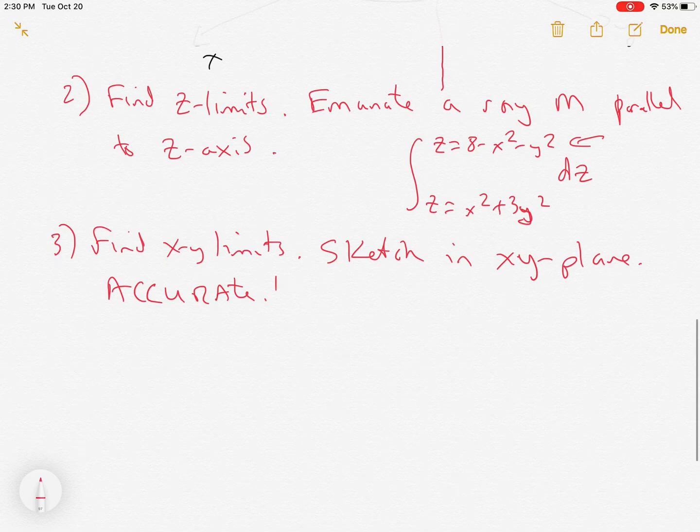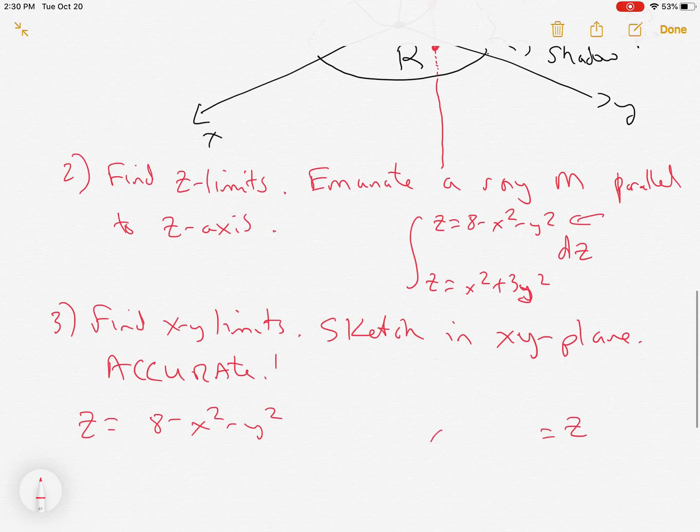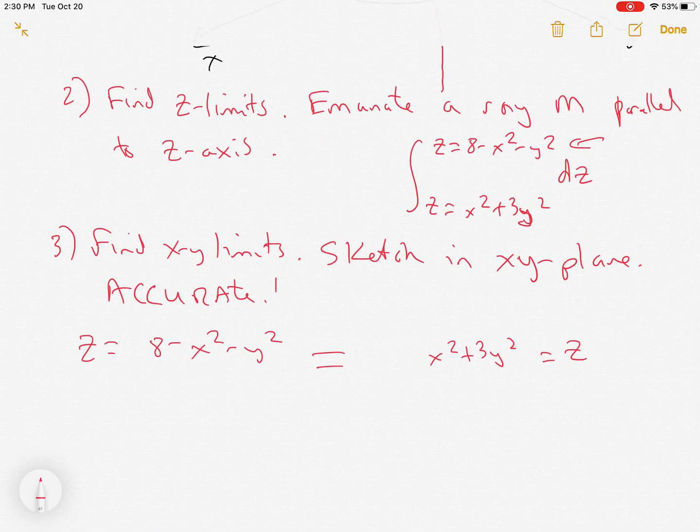So what you have to do is we have z equals 8 minus x squared minus y squared, and z equals x squared plus 3y squared. You need to set these equal to each other. Okay. So what do we get?